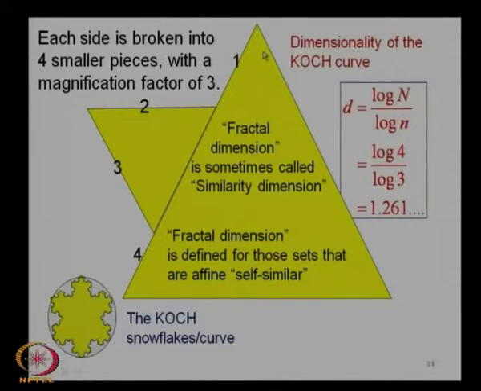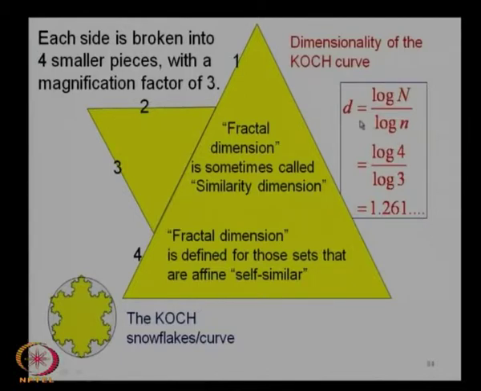because you divide it into 3 parts, you get 4 parts, right. The number of pieces becomes 4. So, the uppercase N is 4, and this is a result of generating a self similar pattern in which each side is divided into 3 parts.